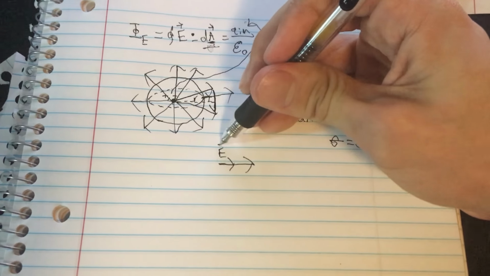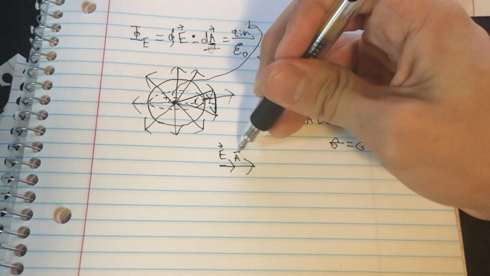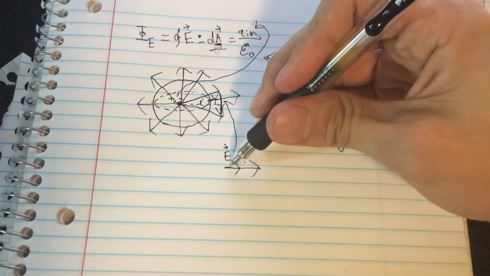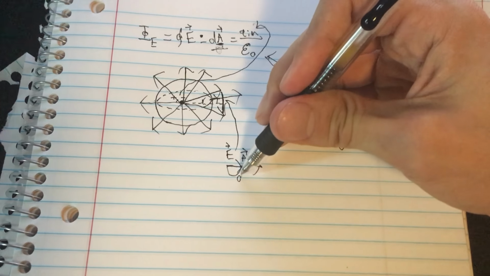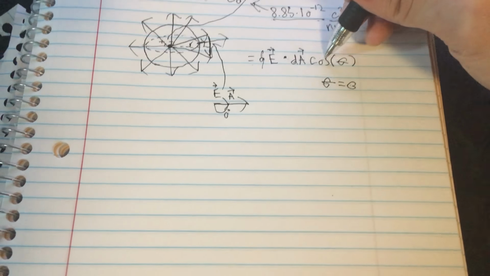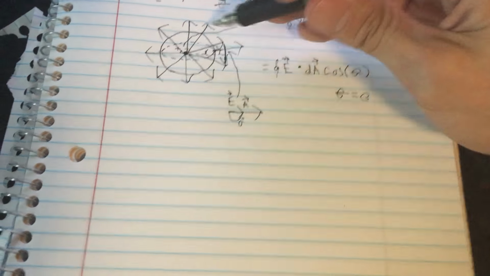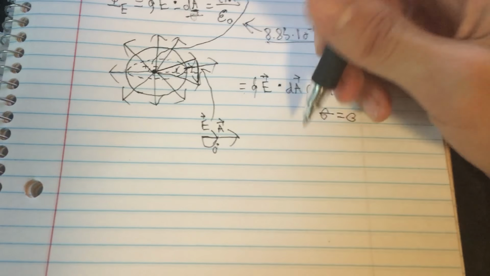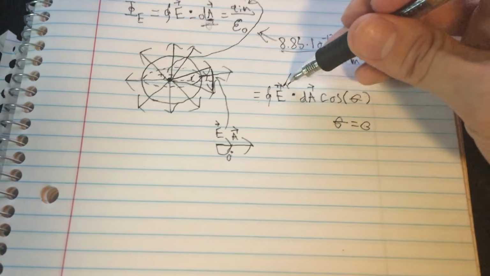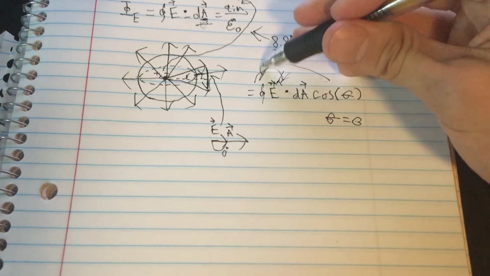We have our E vector and our A vector right here. They're pointing in the same direction. The angle between them is 0. So since our angle isn't changing between the two at any point, and we assume the electric field is constant, we can pull both of those outside of the integral.